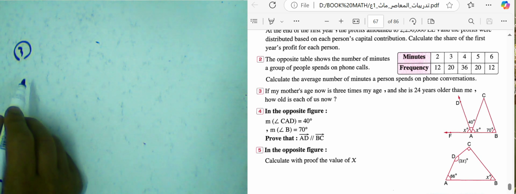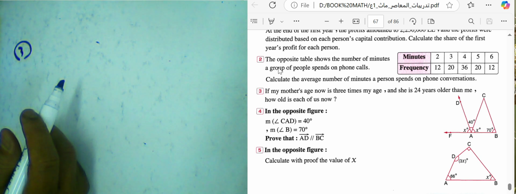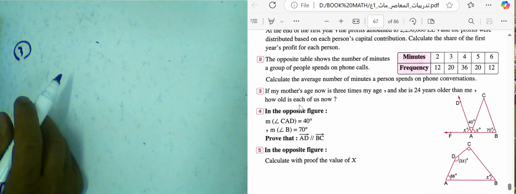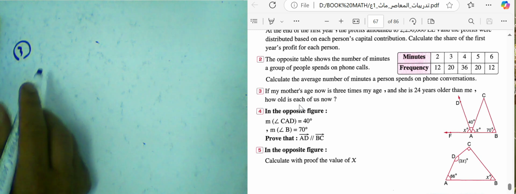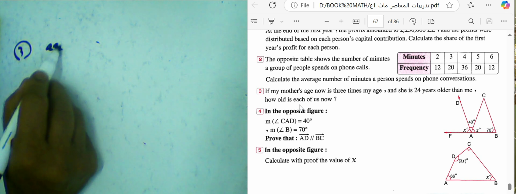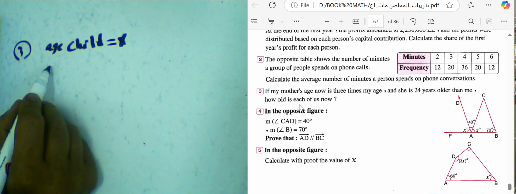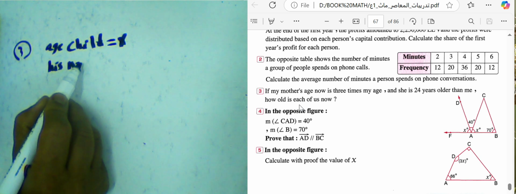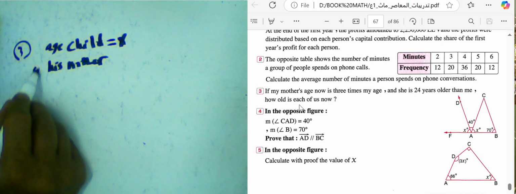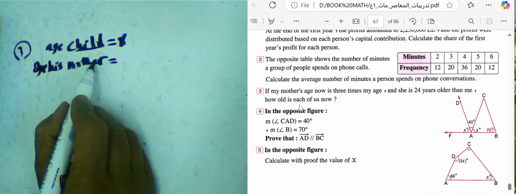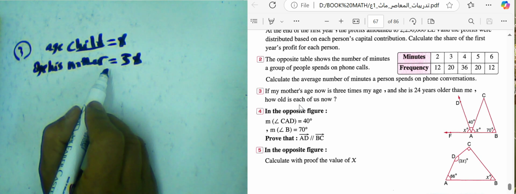Next, question number 3. If my mother's age now is 3 times my age and she is 24 years older than me, how old is each of us now? Let the age of the child be x, and his mother's age is 3 times his age, so 3x.